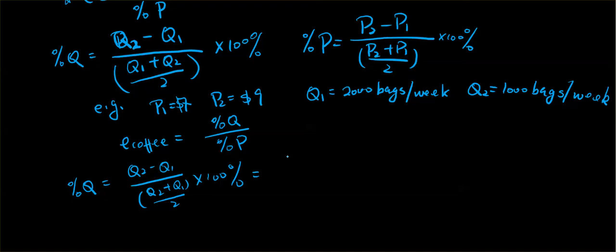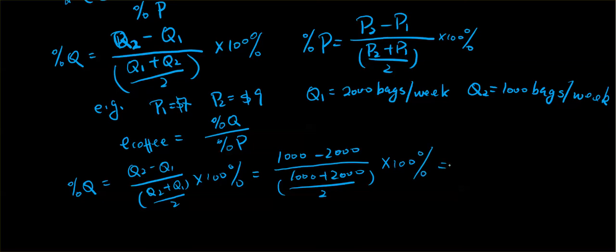Now you can plug in the data: the final quantity demanded is 1,000 minus 2,000, divided by (1,000 plus 2,000 divided by 2), times 100%. Then the numerator is negative 1,000, divided by the denominator 1,500, and you get negative 66.7%.